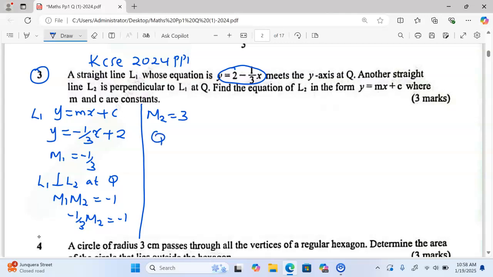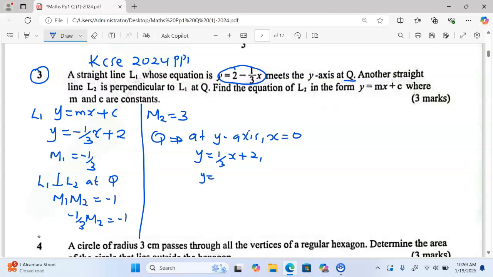And to get the coordinates of point Q, we know line 1 meets the y-axis at point Q, and we know at the y-axis the value of x is usually 0. So we can take the equation y is equal to negative a third x plus 2 and use it to get the y coordinate.